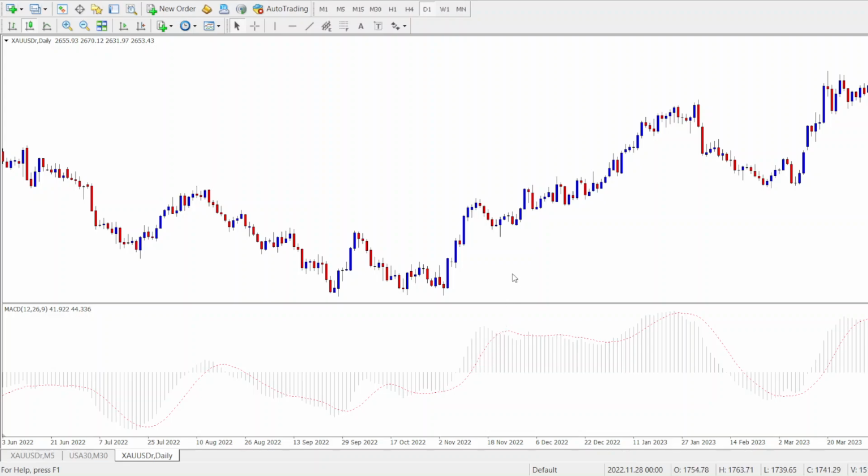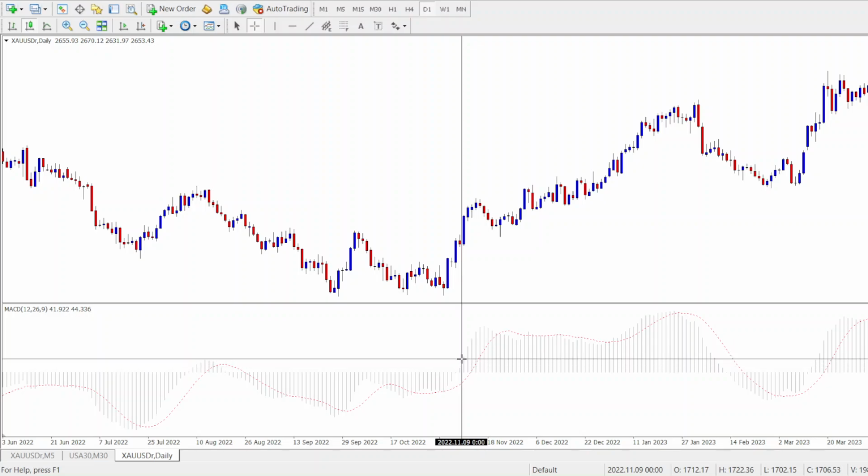However, when you want to take your buy trade, you have to look out for the histogram bars beginning to form. Perhaps after the first histogram bar forms above the zero level, it's a buy signal.